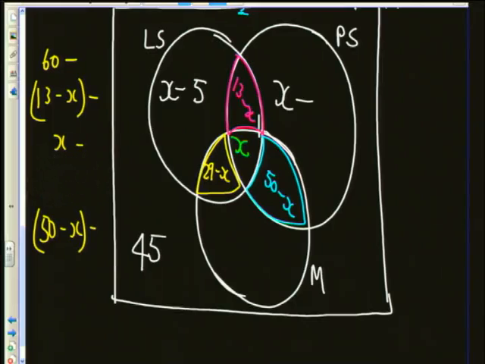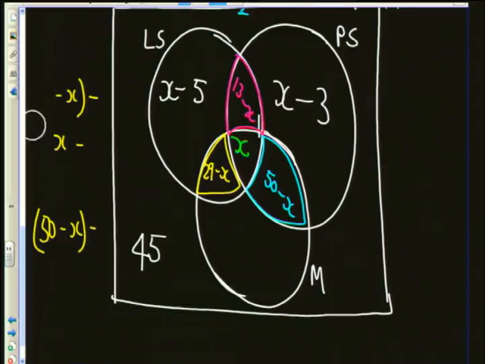So 60 minus 50 would be 10, and 10 minus 13 would be negative 3. So that would be a negative 3.